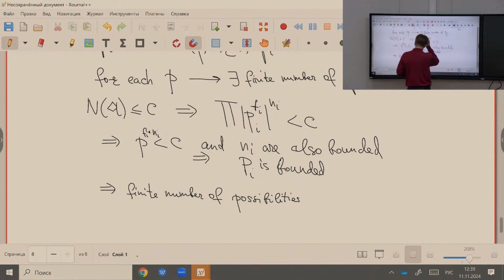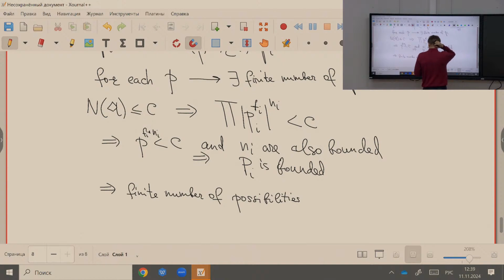Yeah, so you have a finite number of possibilities. Мы как бы не используем норму на группе классов, она зависит, конечно, от группы классов.